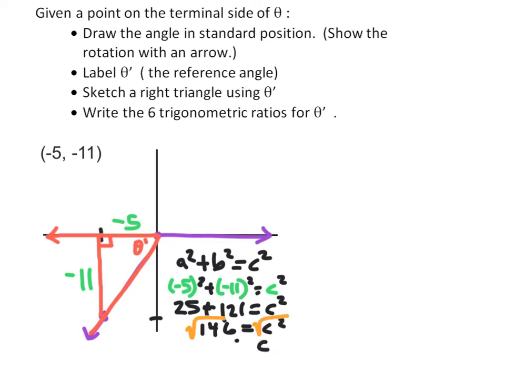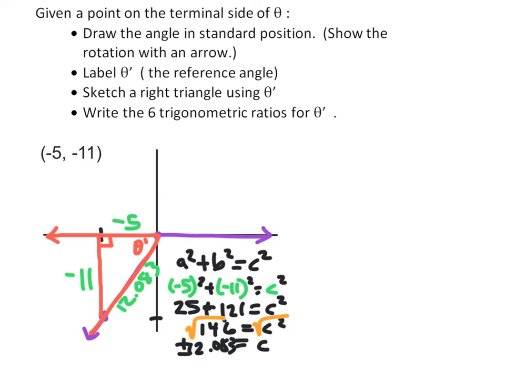We get c equals positive or negative 12.083. So our hypotenuse is 12.083. Again, our hypotenuse will always be positive.